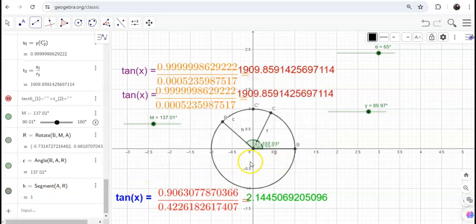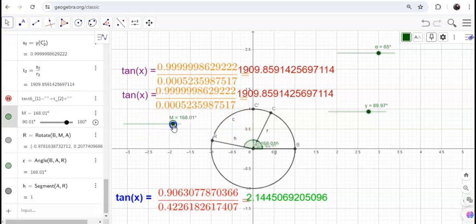So we now have angle BAR in the second quadrant. And the slider for the angles in the second quadrant is slider M.